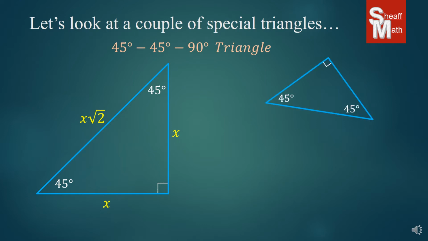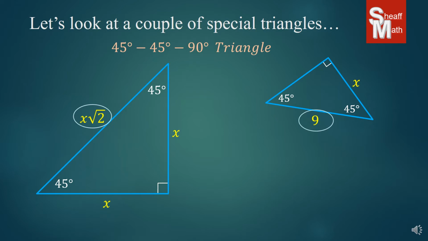Now this next one is going to be a little tricky, and I want you to pay close attention. Suppose that our hypotenuse was 9. There wasn't a square root 2 in there, so it's a little different. Now we have to find x, which is the leg, well, both legs really, and the hypotenuse is the leg times square root 2, so x times square root 2 equals 9.